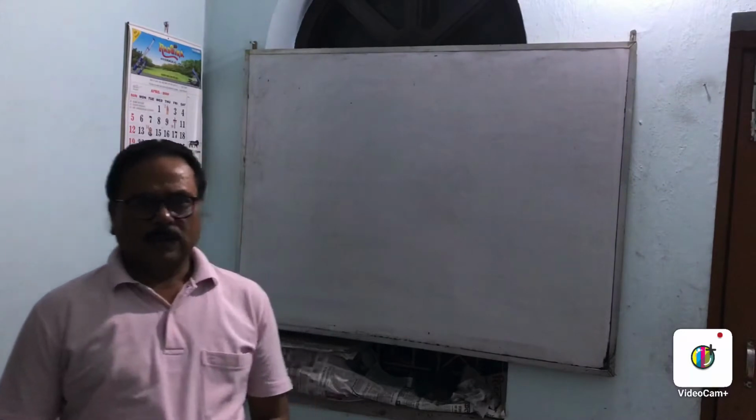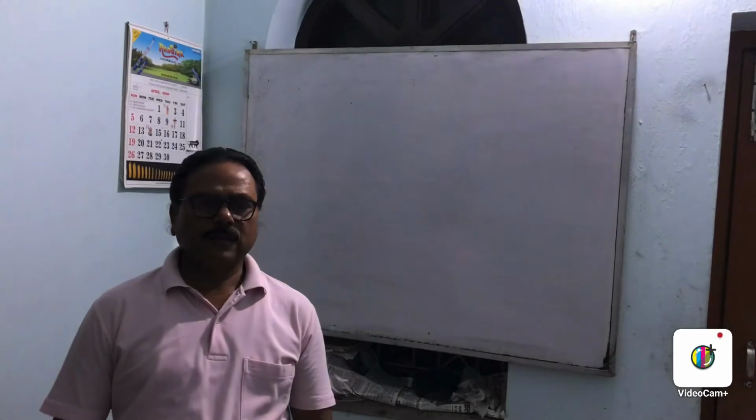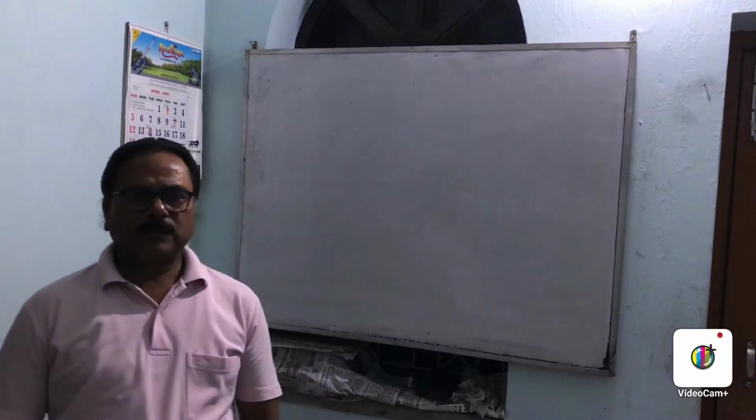Good morning, students. In the previous class, the unit on chemical kinetics was introduced, the rate was defined, and different types of rates, average rate and instantaneous rate, were defined.